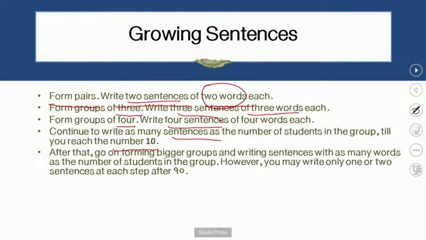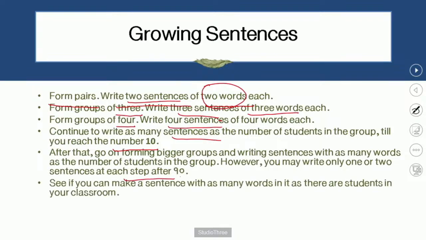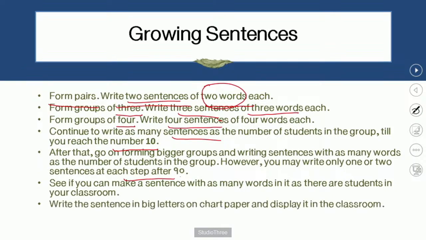So step by step you have to write sentences. Now see, you can make sentences with as many words as there are students in your classroom. I think you have 30, 40, 50 or 70 students in your class. Then you have to try to make 10 sentences, 20 sentences, 40 sentences or 70 sentences.